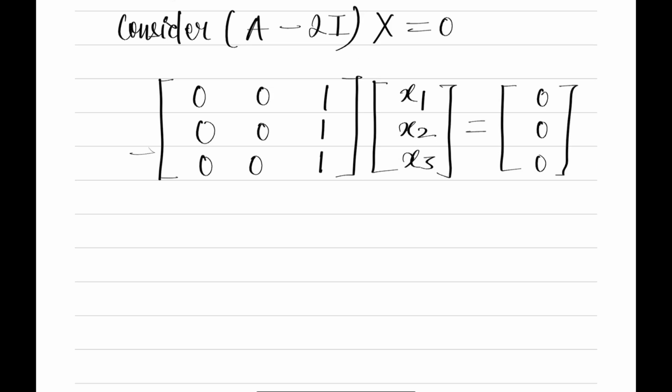Now as this matrix is not in echelon form, we will try to reduce it to echelon form. We will use operations R2 minus R1 and R3 minus R1.